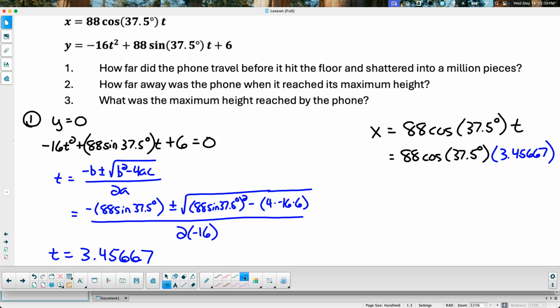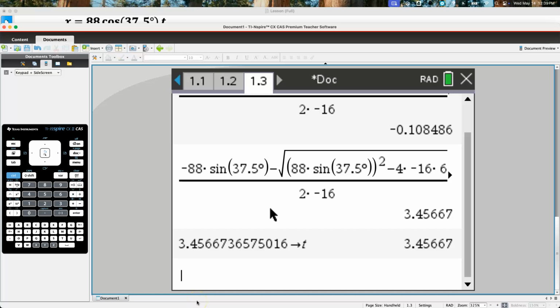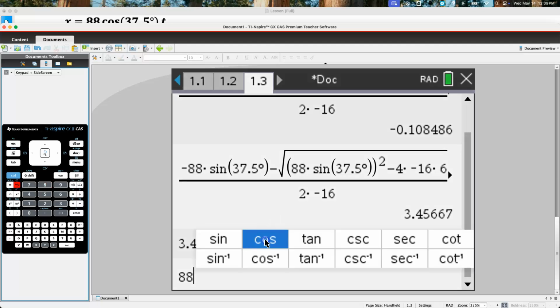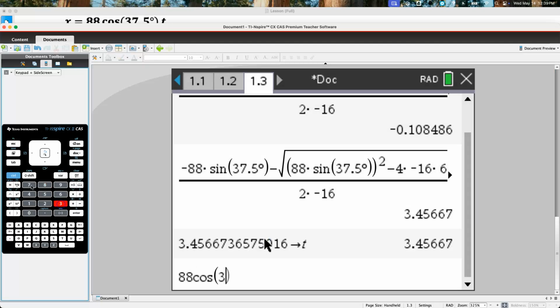On my calculator, that will look like this: 88 cosine of 37.5 degrees times t.